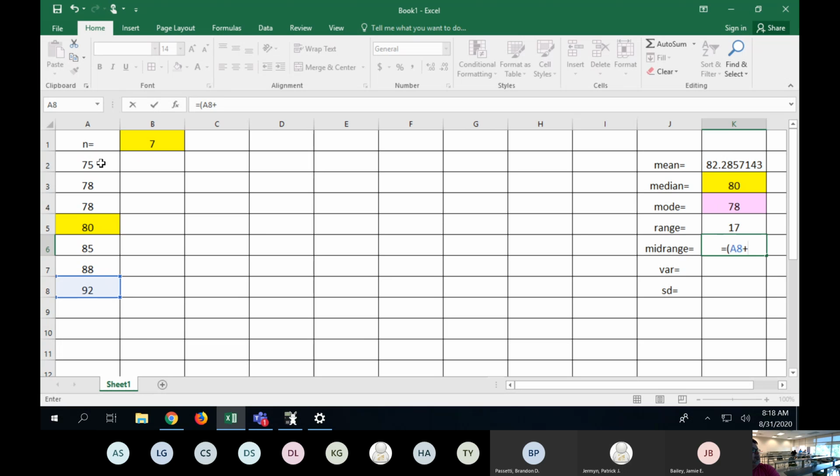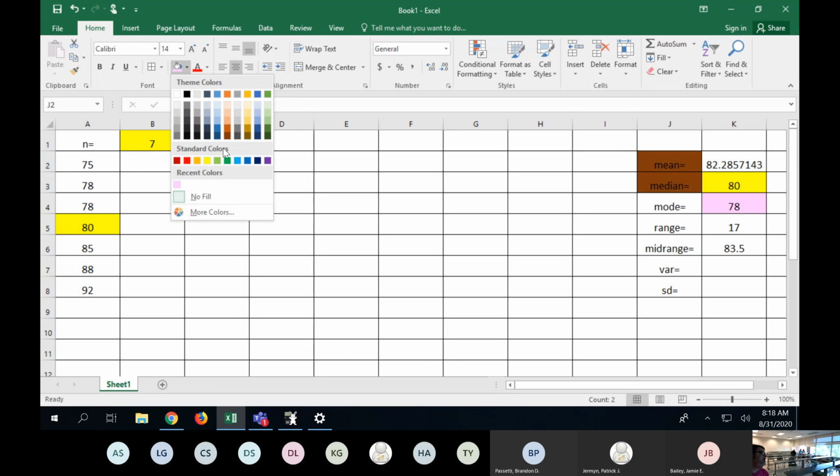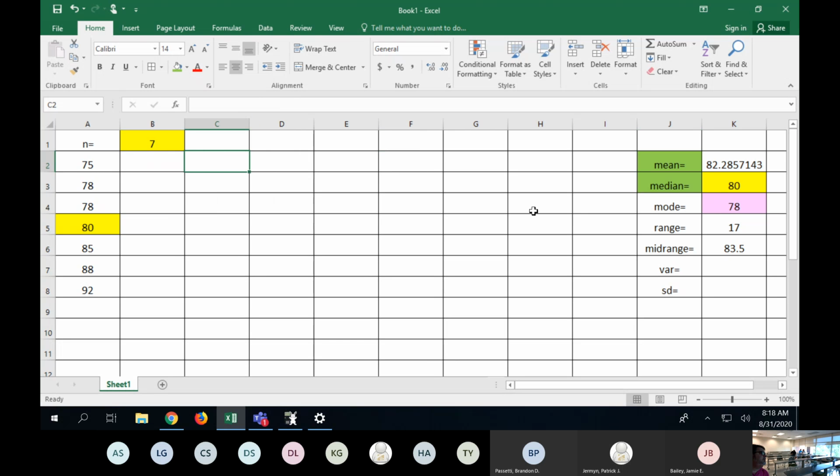It doesn't matter. 2 plus 3 is the same as 3 plus 2. Divided by 2. Now, at this point, I'm going to highlight these 3 right here, those 2 kind of a verde, and this one verde.